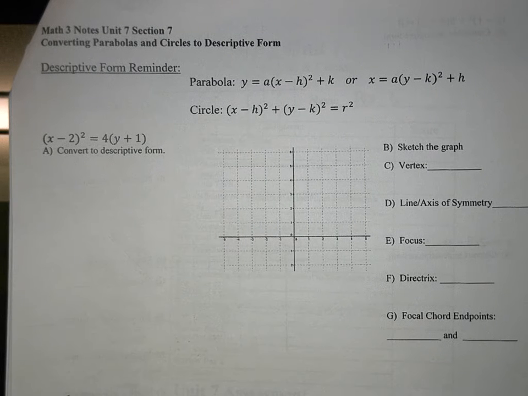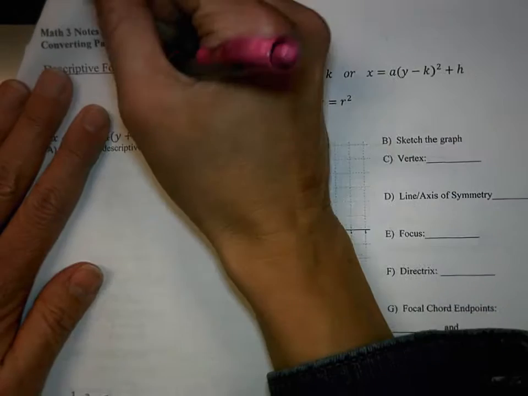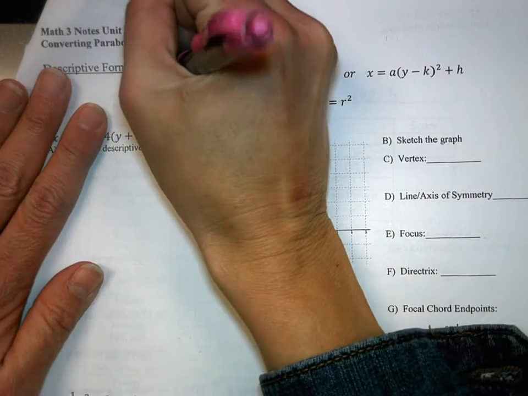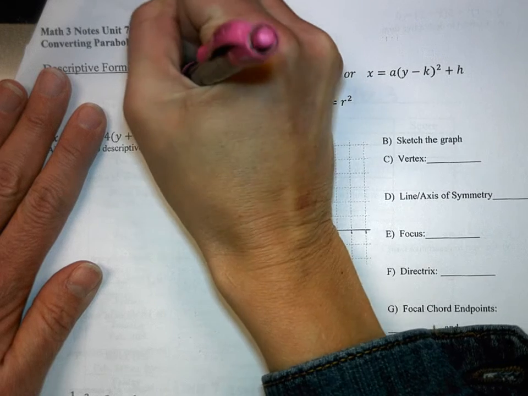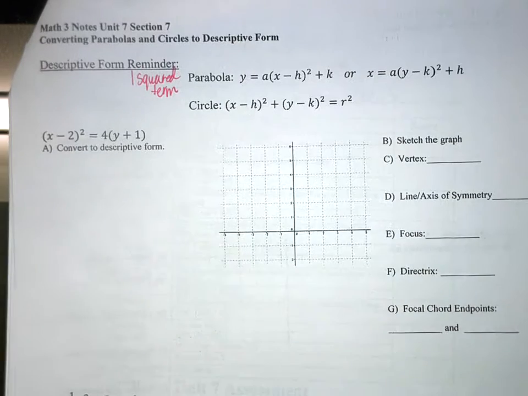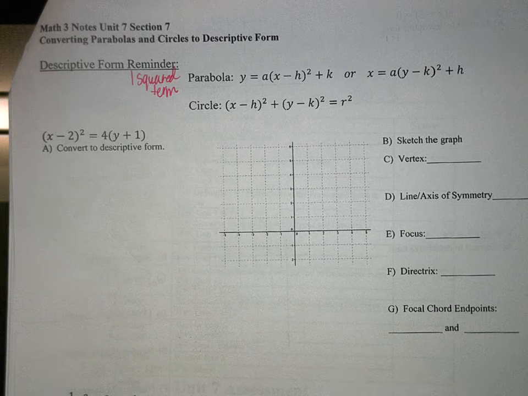Parabolas. How many squared terms do parabolas have? One. Okay? One squared term. How many squared terms do circles have?